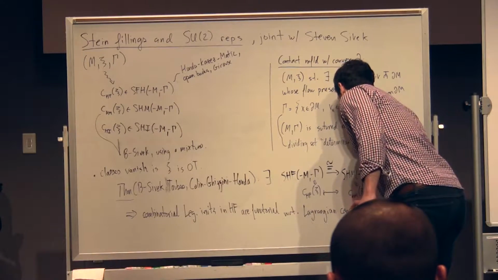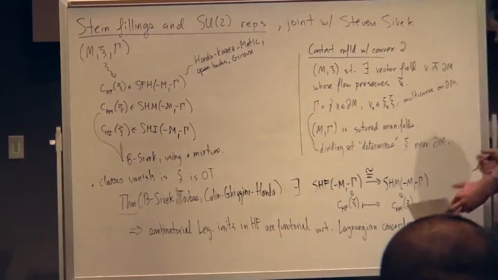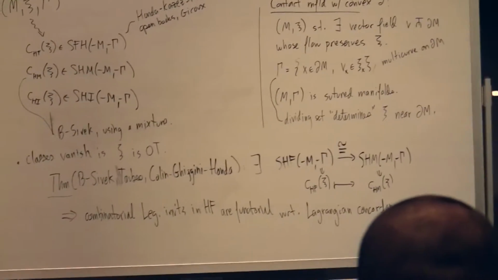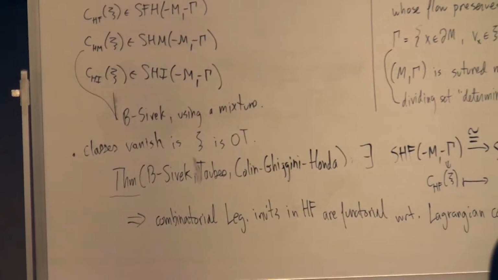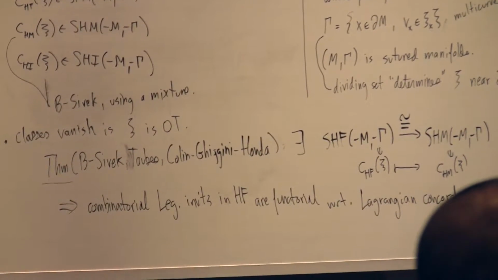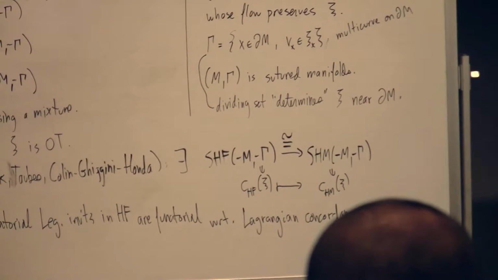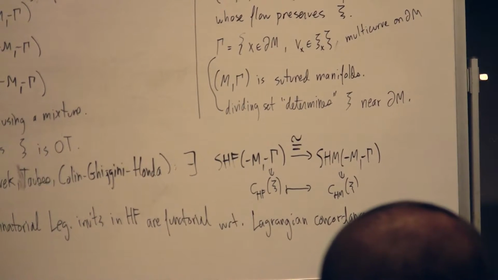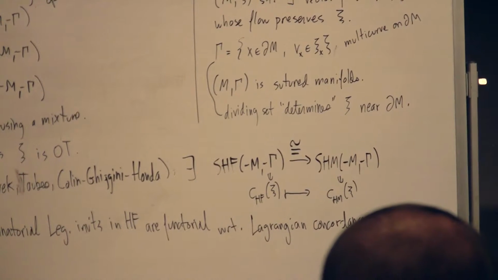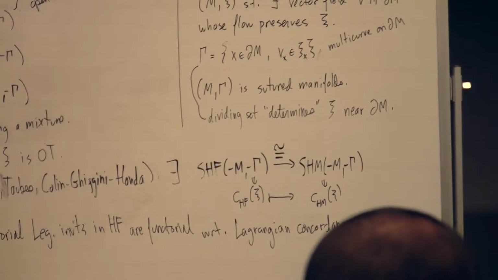So what that means is that if you have a Lagrangian concordance between two Legendrian knots, then there's a map on knot Floer homology sending this combinatorial Legendrian invariant of one to the combinatorial Legendrian invariant of the other. So these Legendrian invariants provide interesting obstructions to the existence of Lagrangian concordances between Legendrian knots. But we really need this isomorphism in order to conclude that.